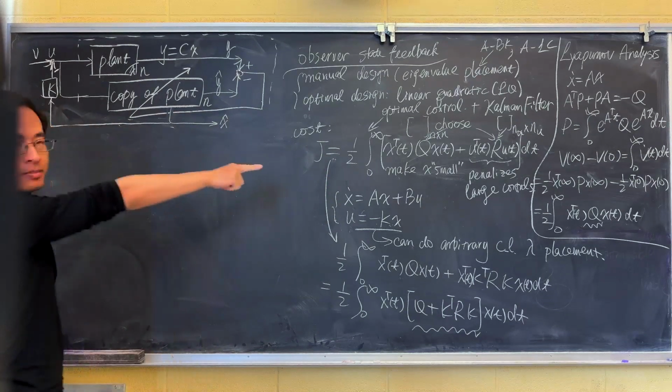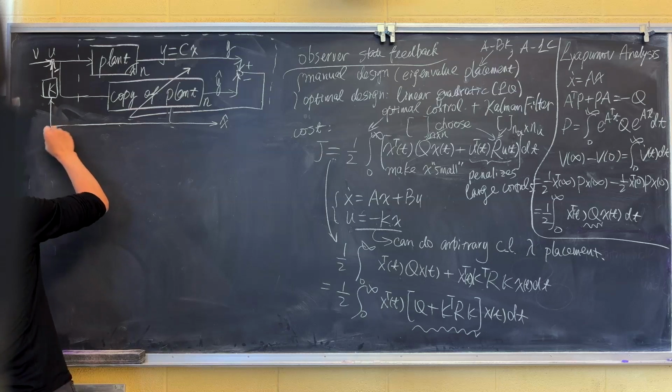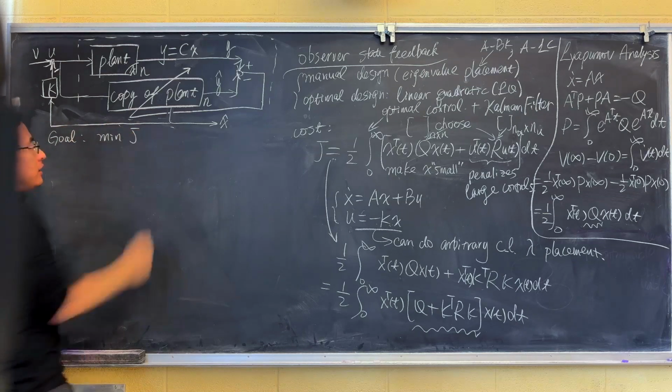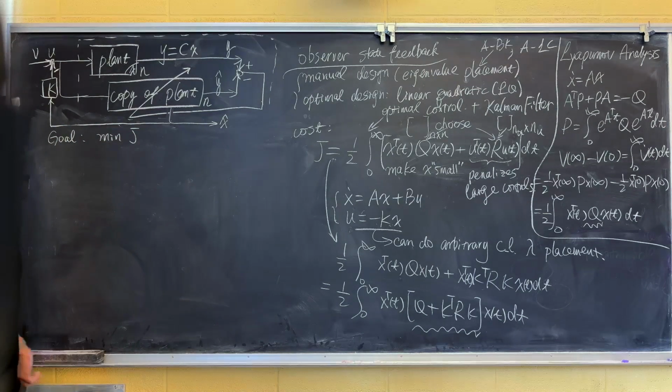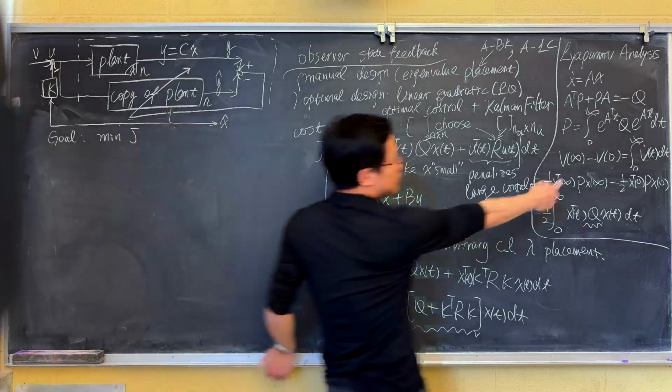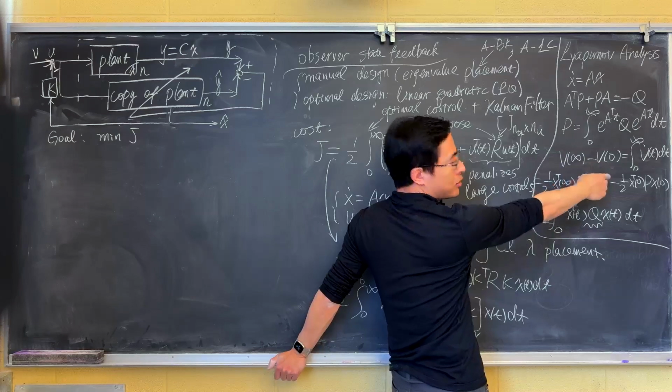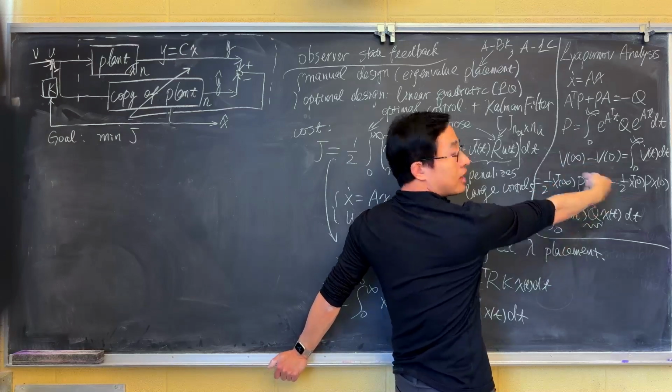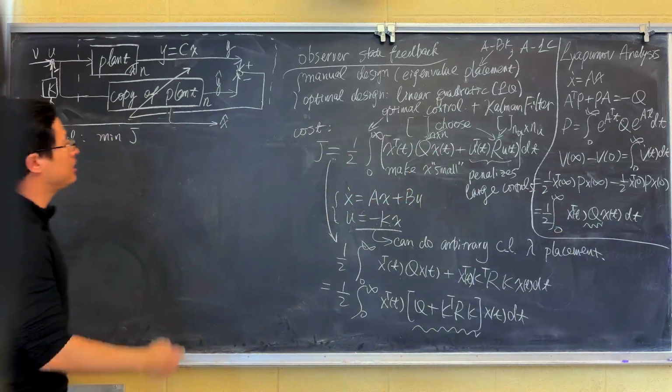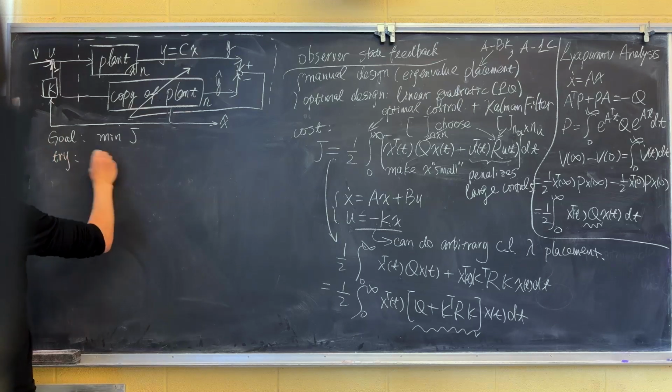So we want to minimize J. Our goal is to minimize J. And the way we're going to do it is to do some addition and subtraction here. We know something like this works. So let's try.